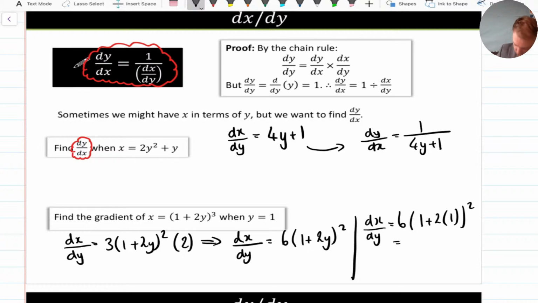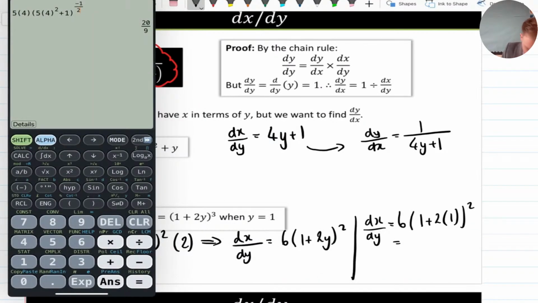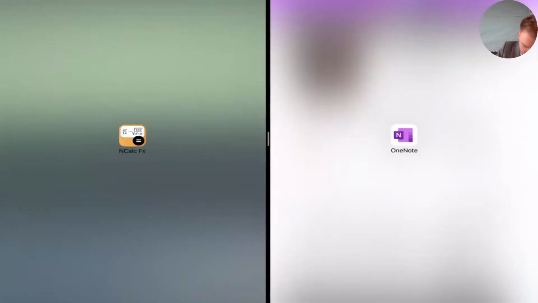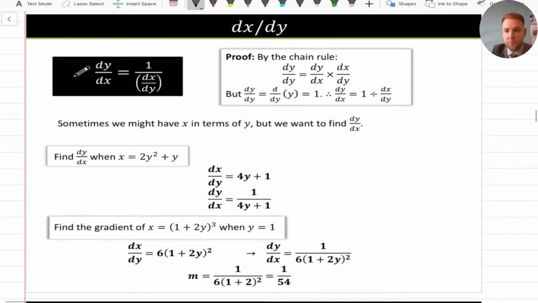So that's going to be, let's just do it. dx by dy is equal to 54. So dy by dx is equal to 1 over 54. Cool. Super. Let's just check those. Brilliant. Put your hands up if you're happy with that.